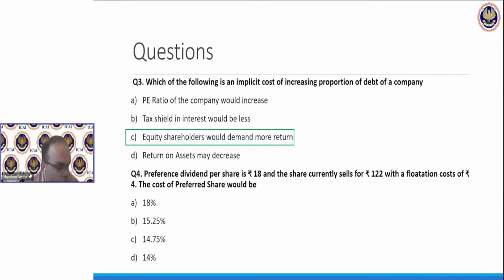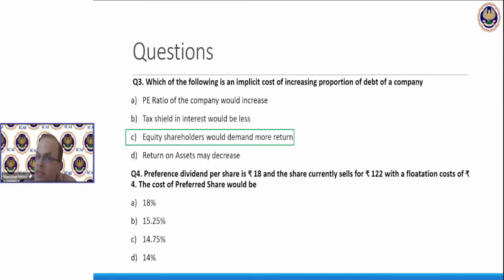So more and more debt you add to the organization, it becomes more risky. And if it becomes more risky, the expectation of equity shareholders would be like, more risk, more return. That's the idea. And also it becomes tricky and difficult for the company to get more and more financing as they increase the debt. Guys, everyone clear with me that it is absolutely option number C here.